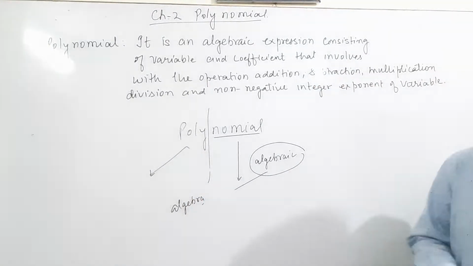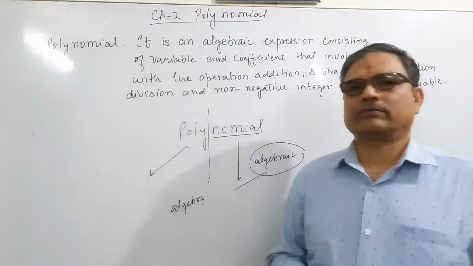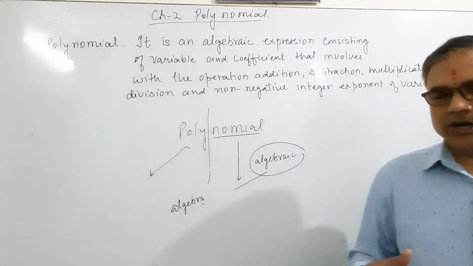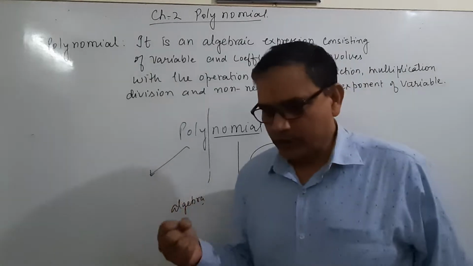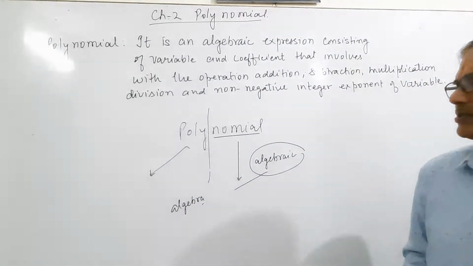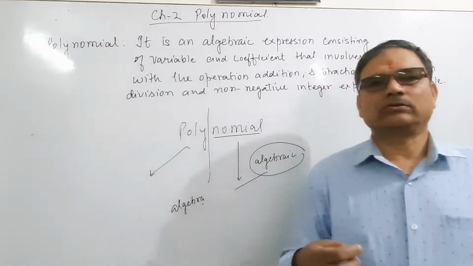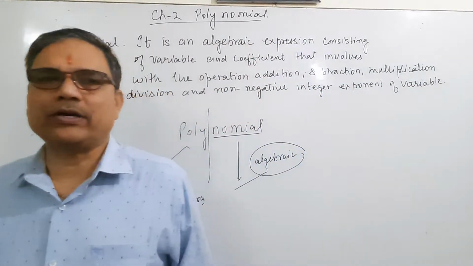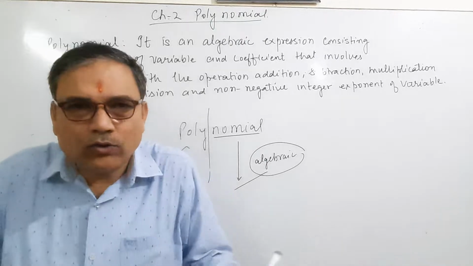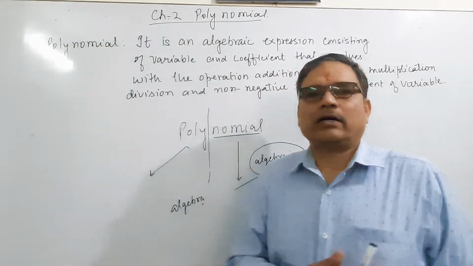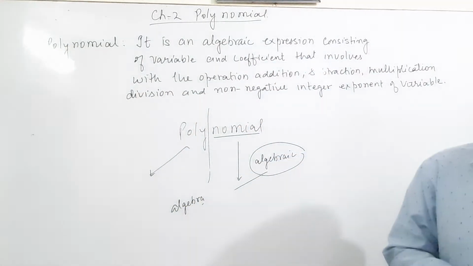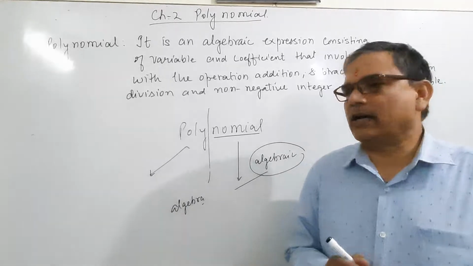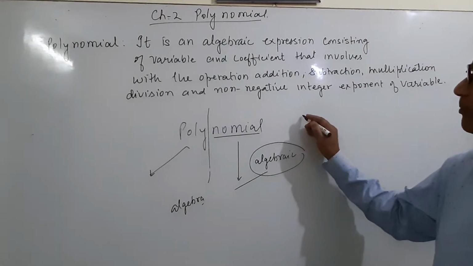Algebra is the branch of maths which deals with different symbols and numbers like 1, 2, 3 and symbols x, y, z, a, b, c. When they are combined together, in what form do they express themselves?